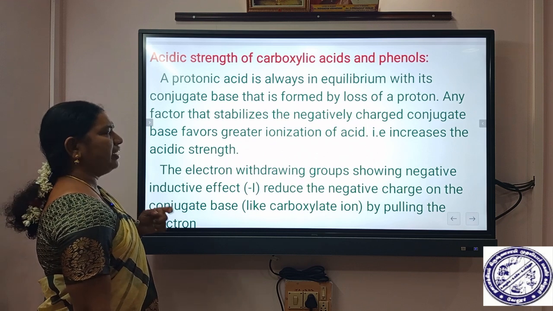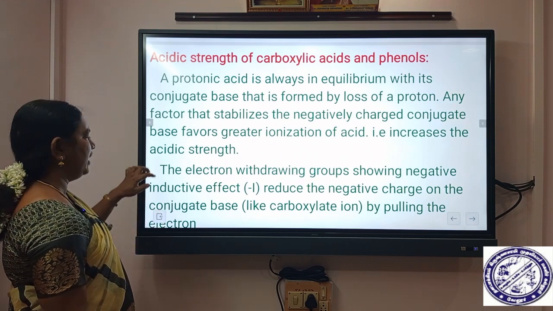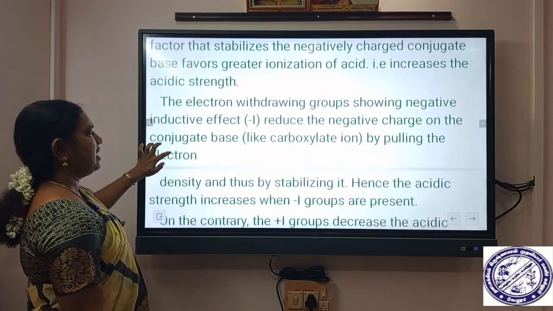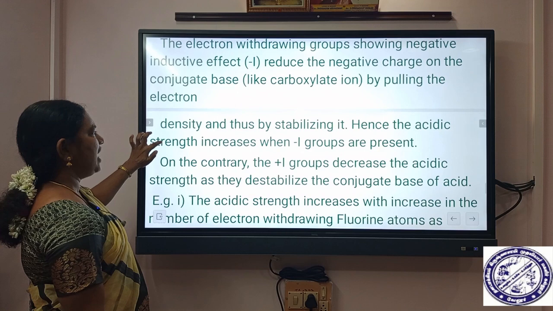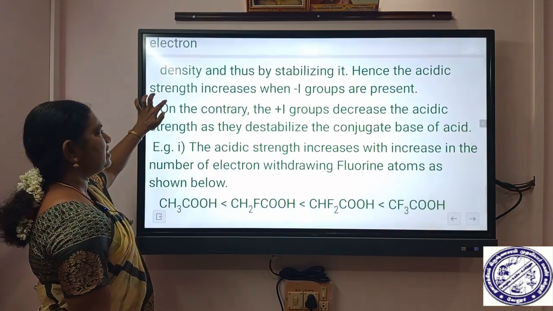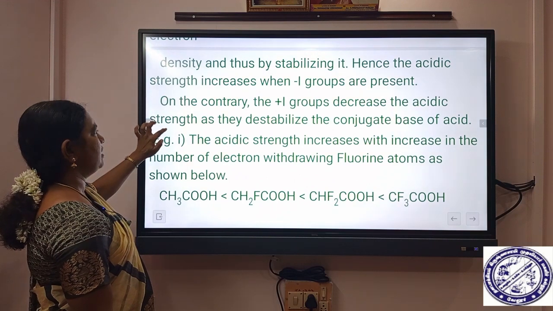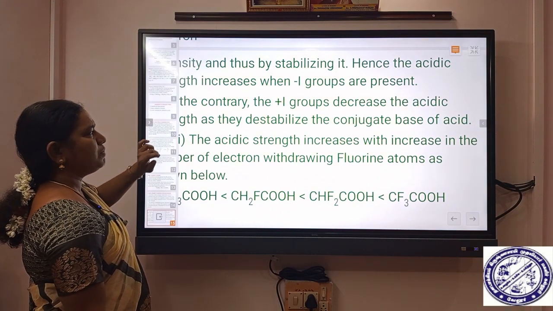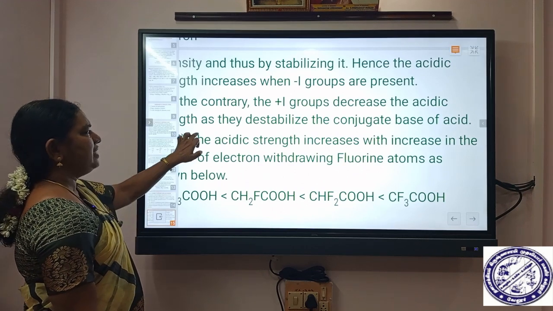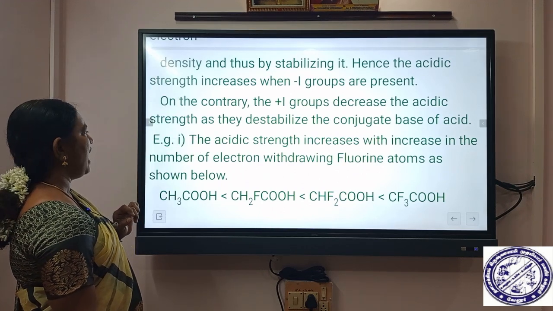The electron withdrawing groups showing negative inductive effect reduce the negative charge on the conjugate base by pulling the electron density, and thus stabilize it. Hence the acidic strength increases when minus I groups are present. When plus I groups are present, they decrease the acidic strength as they destabilize the conjugate base of the acid.